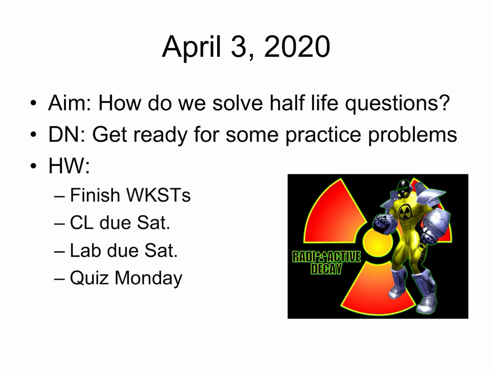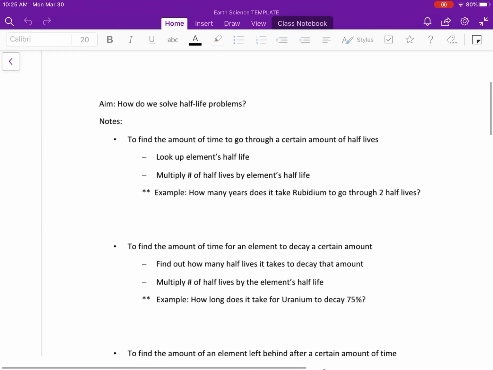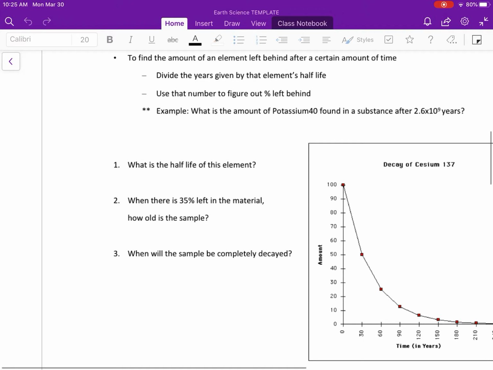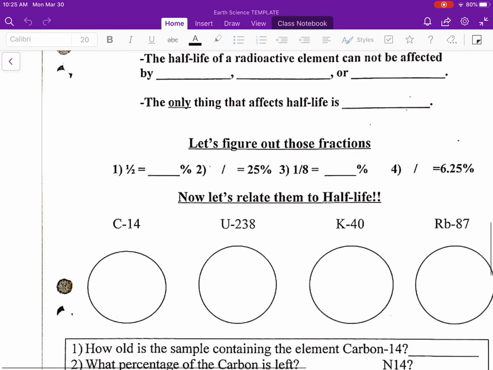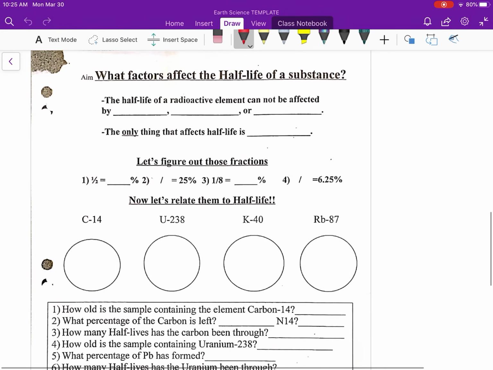All right. So this is just reiterating what I just said. And today we're just going to practice how to solve half-life questions. So the entire lesson is going to be on your day 10 worksheet. All right, this is going right with the PowerPoint, and it's even going to go into this section. So I will probably complete this with you.